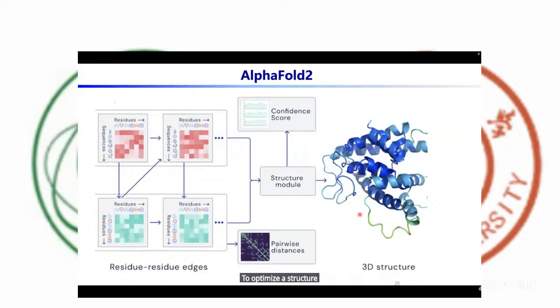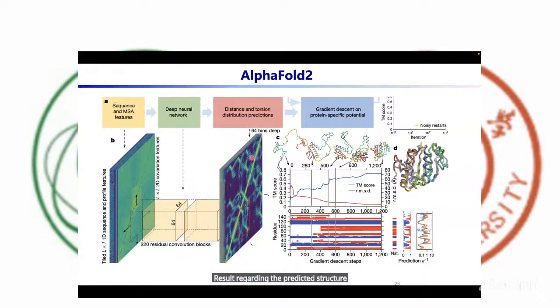And then we arrive at this final structure, and then we compare with the standard answer from experiments to see whether it is satisfactory. If it is not, then we have to start another round of the training process until we reach a satisfactory result regarding the predicted structure. So that's the whole process.